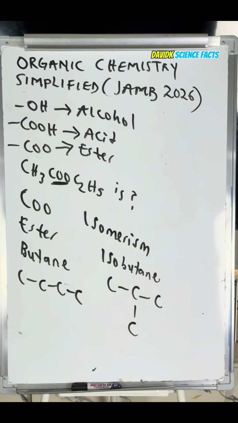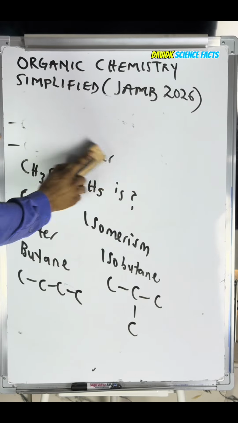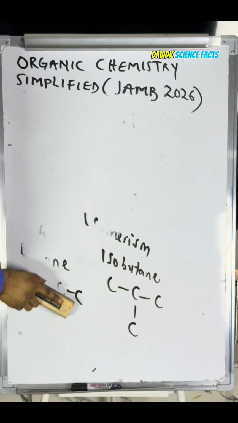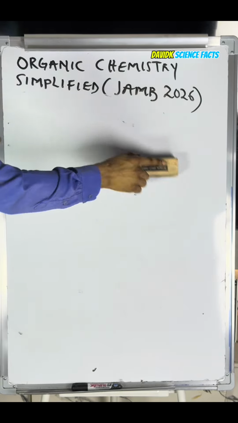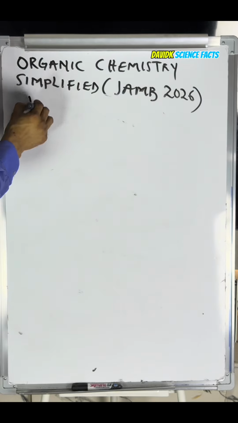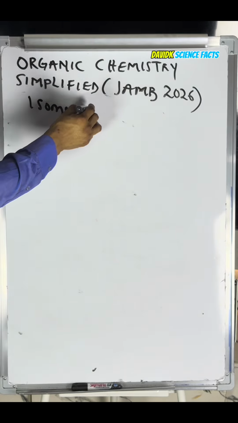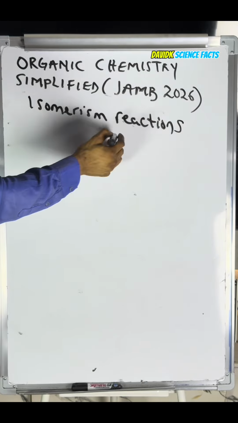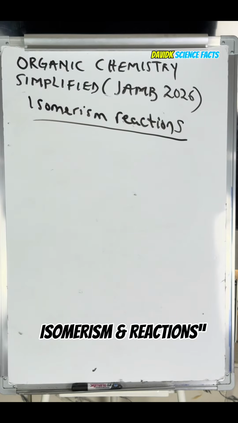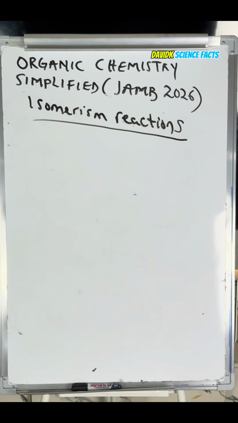So let's talk about isomerism reactions. For these reactions, JAMB only focuses on 3 reactions.